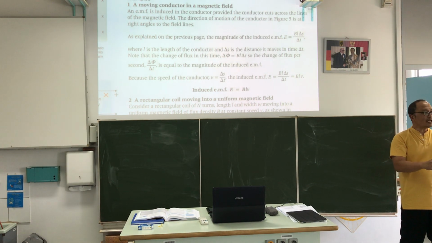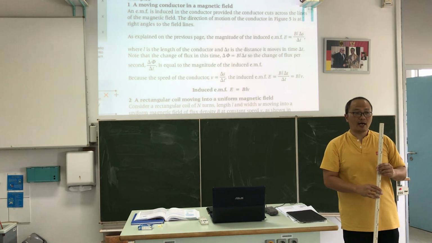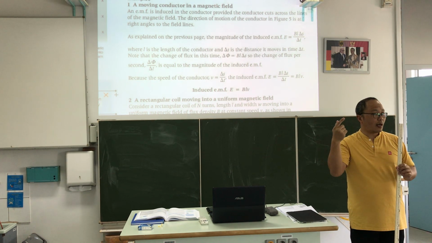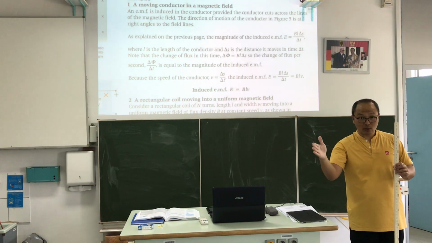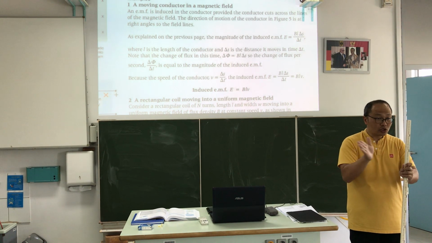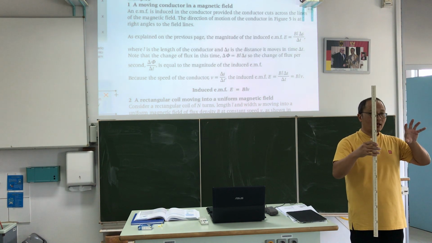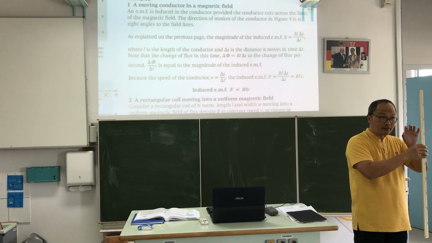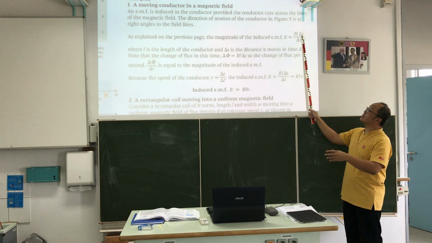And exactly the distance traveled, in German we call it überstrichene Fläche, in English we call it the swept out area. Correct? Yes? If this is the magnetic field, the überstrichene Fläche, the swept out area. Is it clear, everyone? And this is L times delta S.